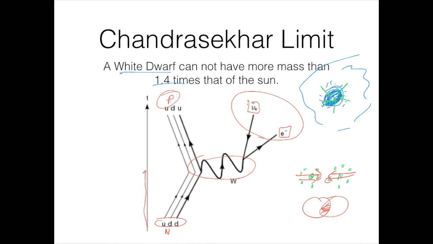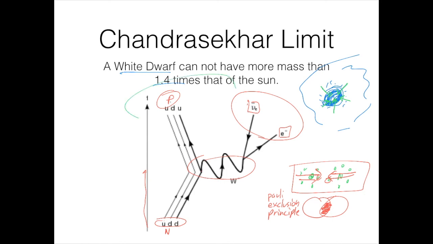Now that's a problem. There's something called the Pauli exclusion principle, which basically says that electrons aren't supposed to share the same space, okay? And that's a problem.